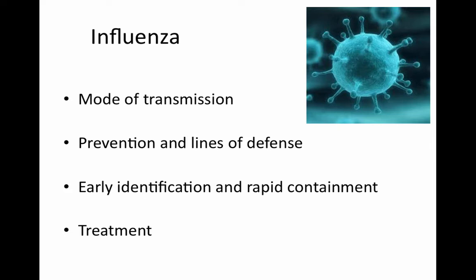However, early identification and rapid containment is going to be a common thing that you're going to see with all the pathogens. So we need to be looking for signs and symptoms of patients that may have the flu, and then go ahead and start trending that data, and then contain these things as rapidly as we can.